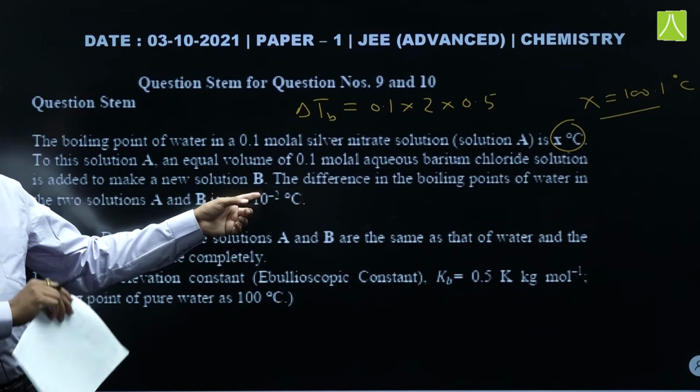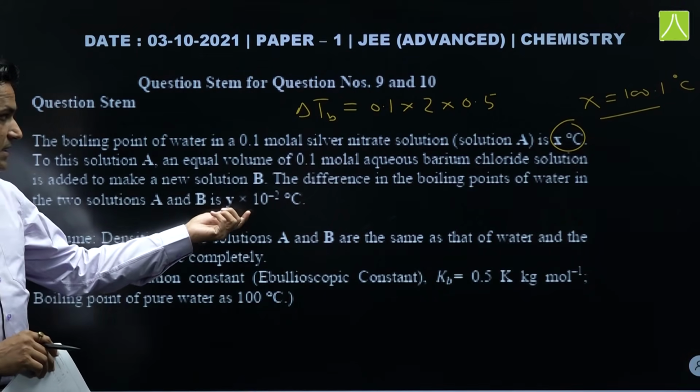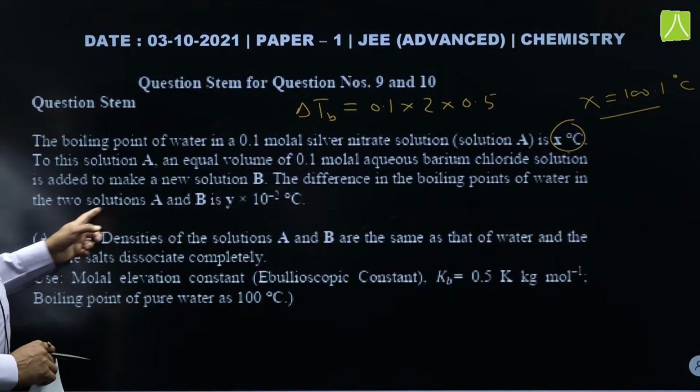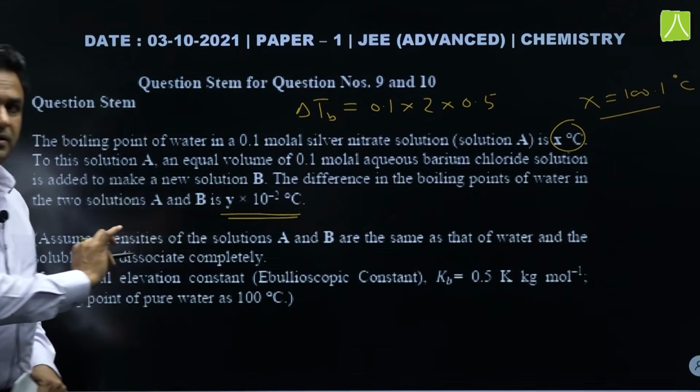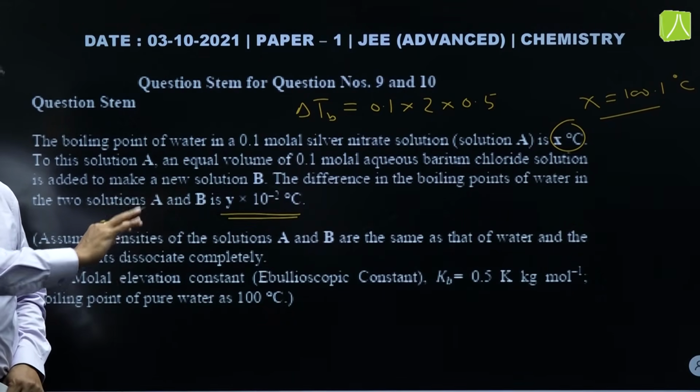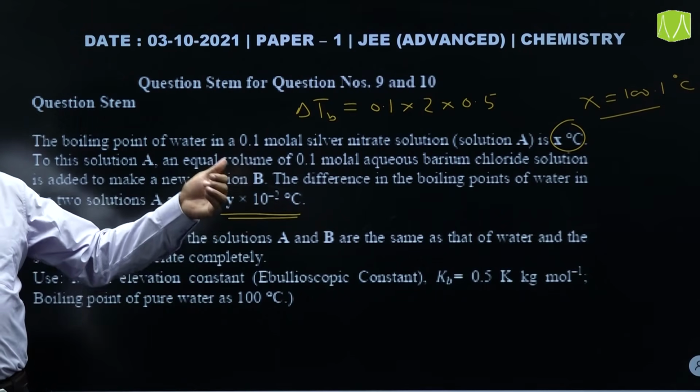So, that is solution B, and we want to calculate the boiling point of solution B. Now, y is the difference in the boiling point of solution A and B. That is not the boiling point, y is not the boiling point of solution B. So, now we can do the calculations for solution B also.